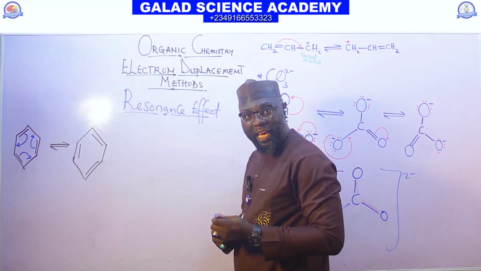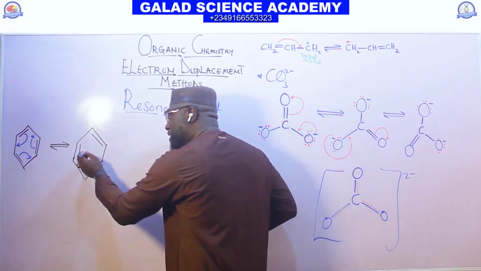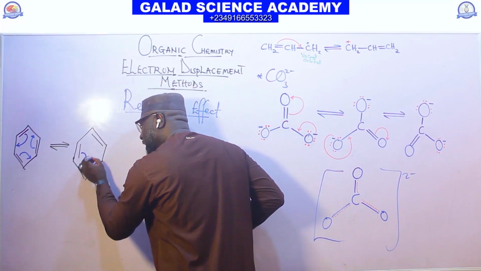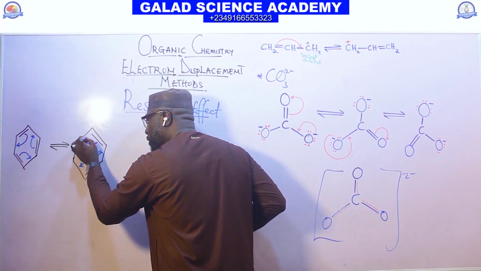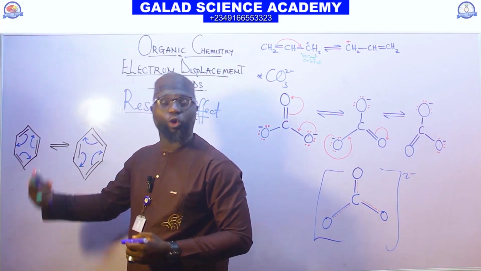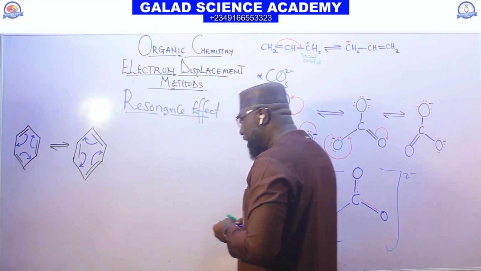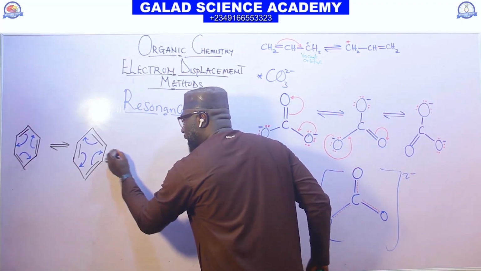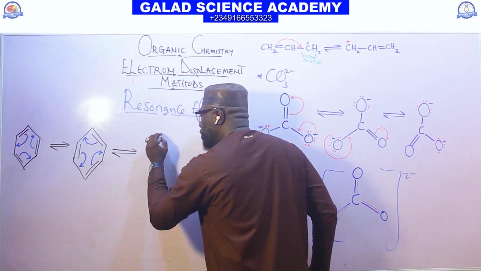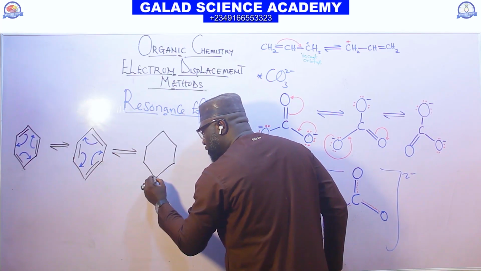And don't forget, this one will still later move to this side, and will still migrate. So the pi electrons will continue migrating in the ring system of the benzene. Since it continues to migrate like that, we are going to have the benzene in this form.